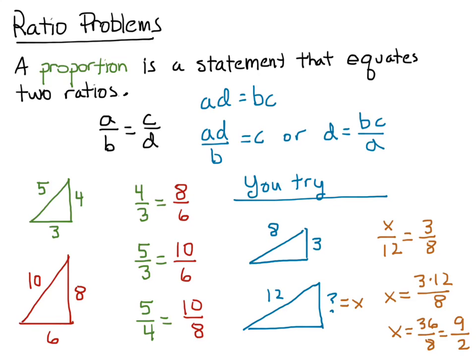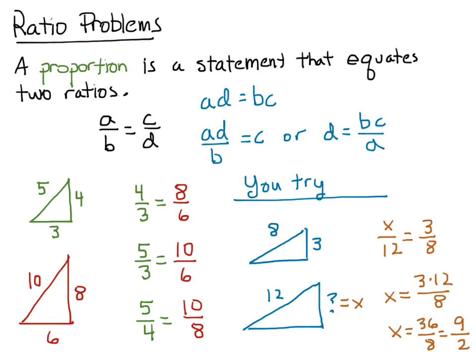So this is what you did, right? 8/3 equals 12 over whatever variable you used, x. It's just a little bit more work to solve that than when the x is in the numerator, because you want to make this one cross multiply. 8x equals 3 times 12, and then x equals 3 times 12 divided by 8, which is the same calculation that I did.